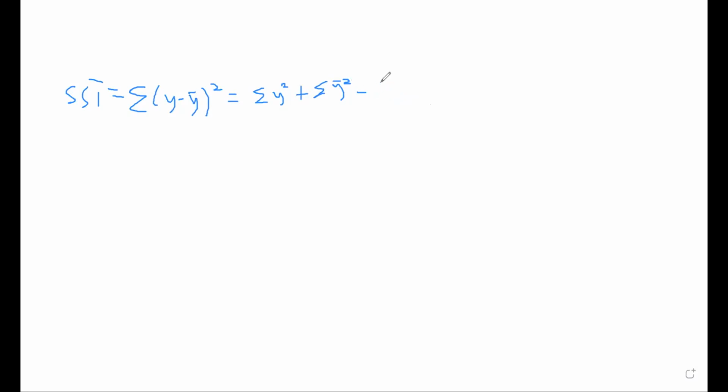This is just from secondary school expansion of brackets. Oh, I keep missing the 2. Remember secondary school, you square that, and minus twice the sum of these. Let me write this properly. So minus 2 summation of y y bar. Let's continue with the manipulation.